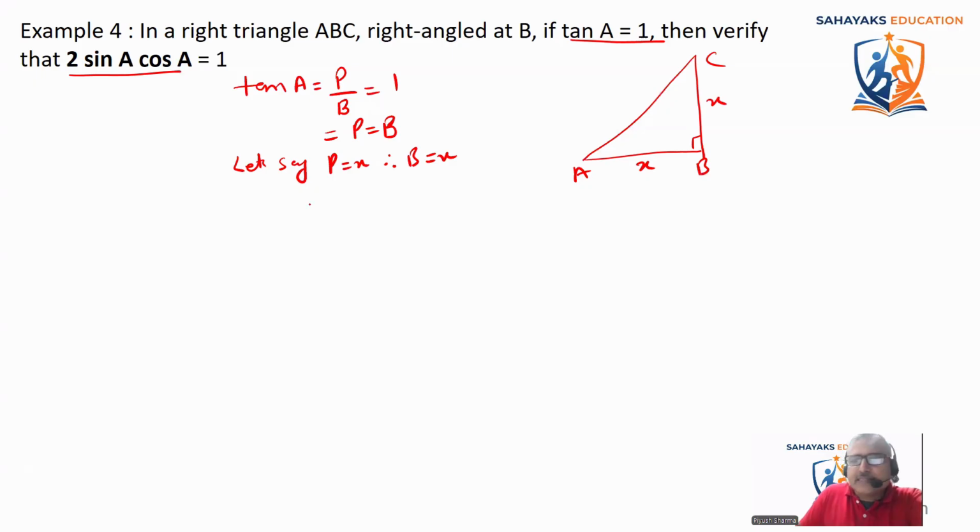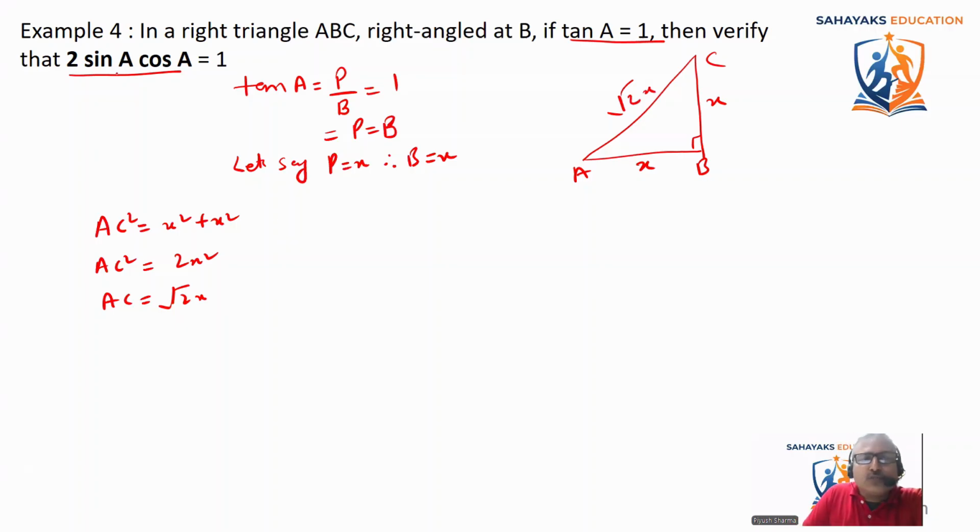Now if both are x, we can find the value of AC. AC square is equal to x square plus x square, so AC square comes out to be 2x square, and AC comes out to be square root 2 into x.